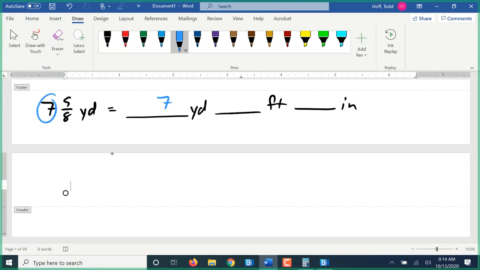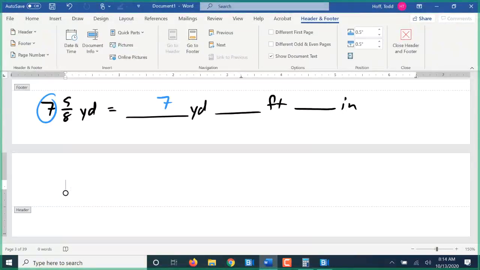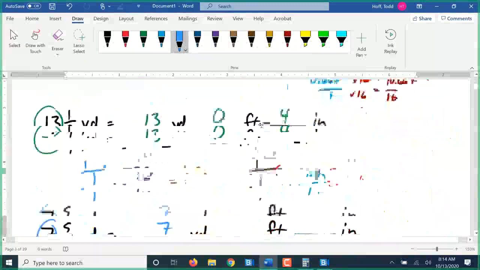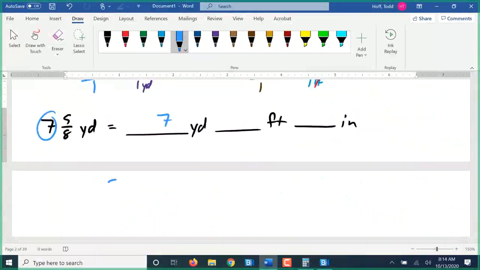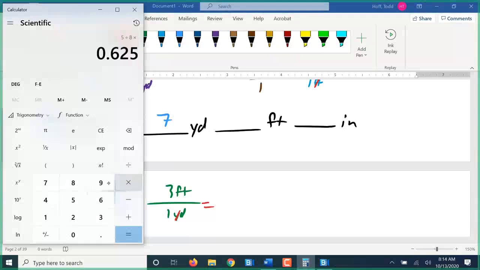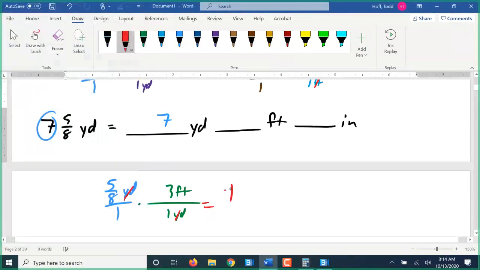My 5/8 yards has to be converted. So 5/8 yards over 1. 1 yard is 3 feet. And my yards cancel out. 5/8 times 3 is 1.875 feet. Very good. Well, I'll take the 1 off of that. That's 1 whole foot.